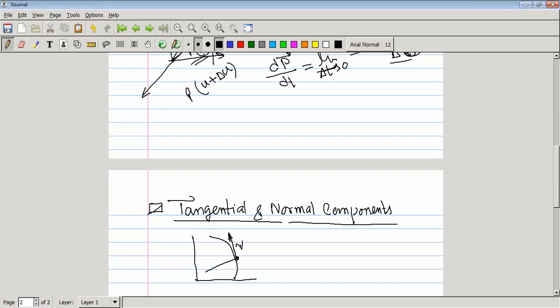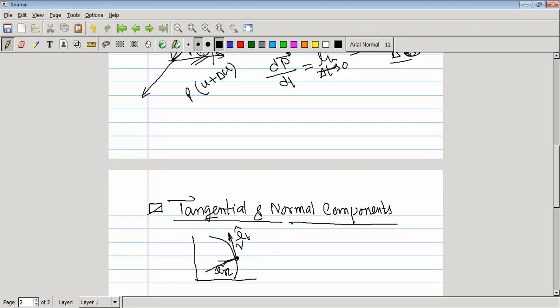So here we have tangential and normal components, or we can define the coordinate with one tangential unit vector, that is et, and one normal, which is along the radial direction, en.